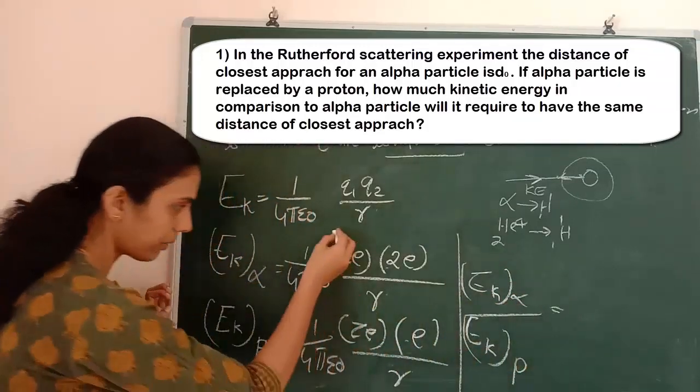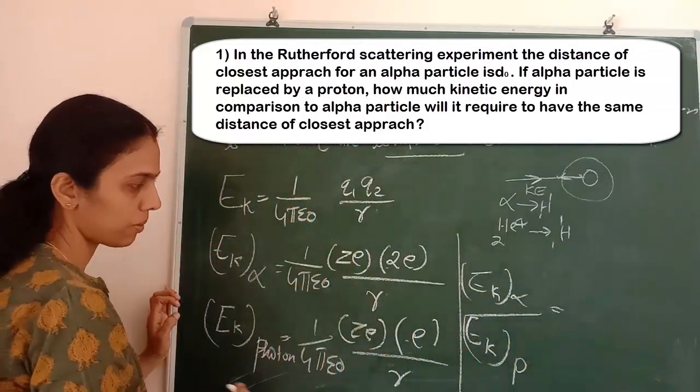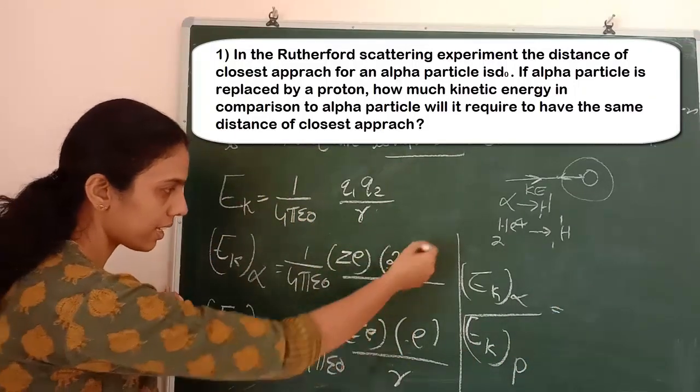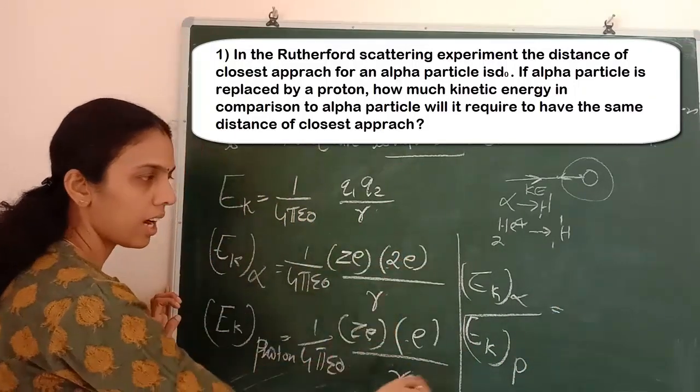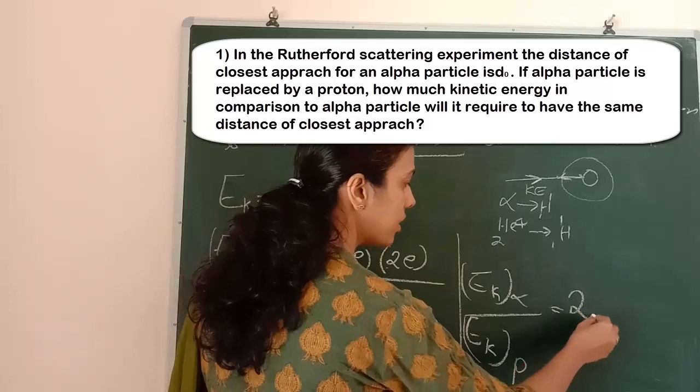While dividing, 1 by 4 pi epsilon 0 cancels, Ze cancels, e cancels, R cancels. So we get 2.